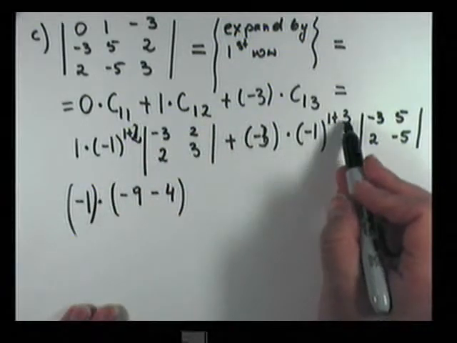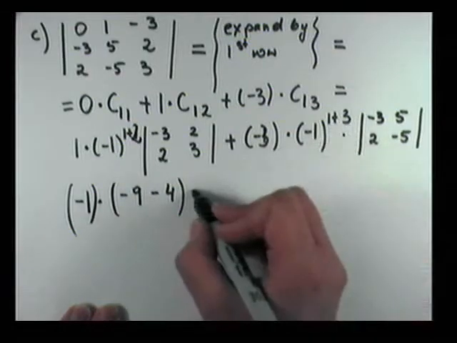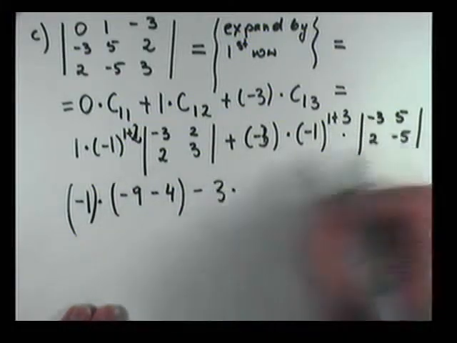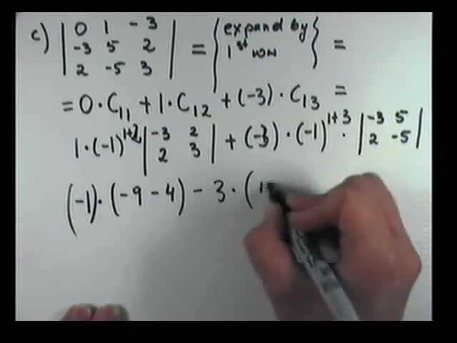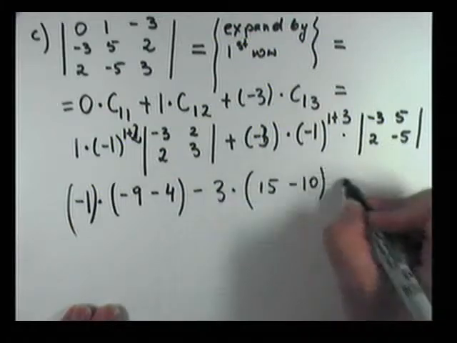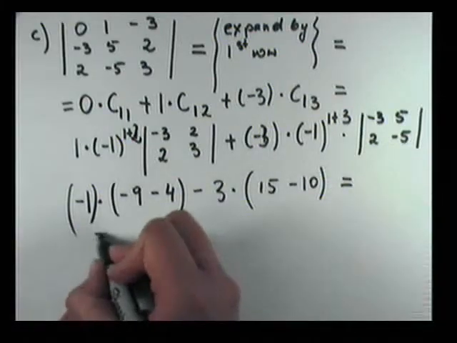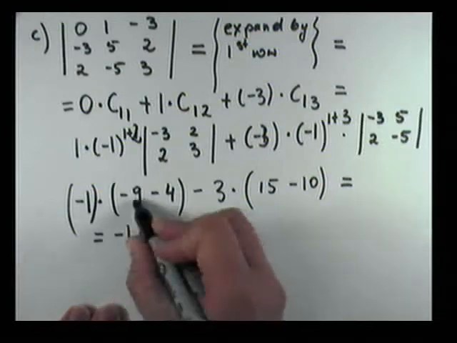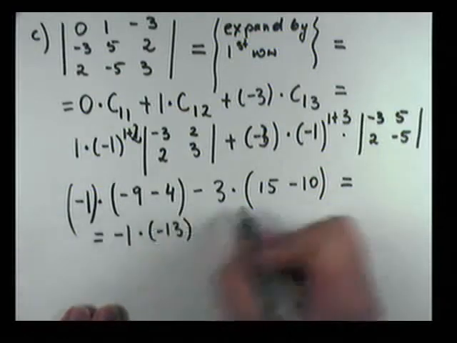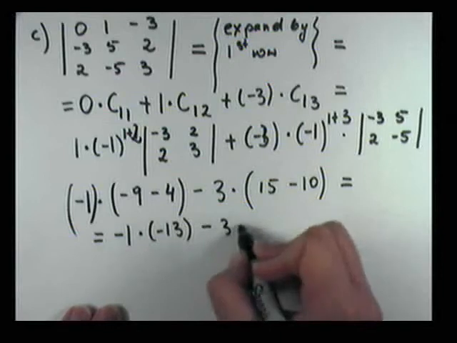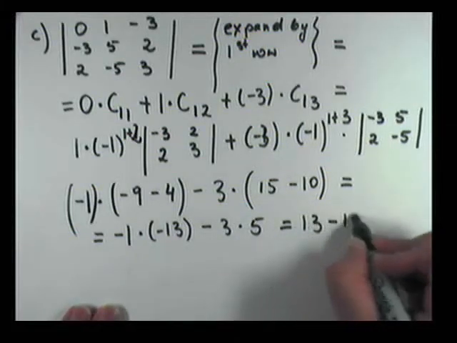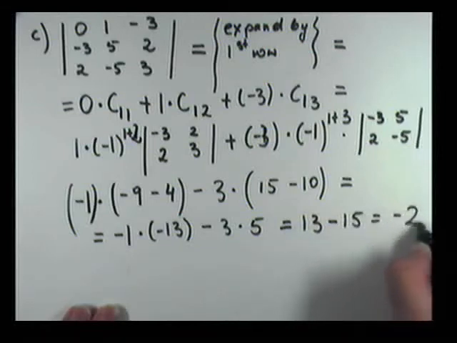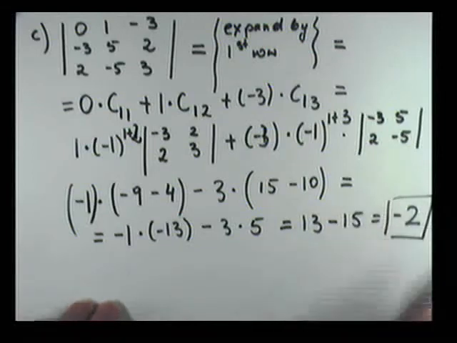Okay, this one is 4, it's plus, so we have minus 3 times cross multiply, minus 3 and minus 5 is positive 15, minus 10. So this is equal to minus 1 times minus 13, and then we have minus 3 times 5. So this is 13 minus 15, so this is minus 2. The determinant is minus 2.